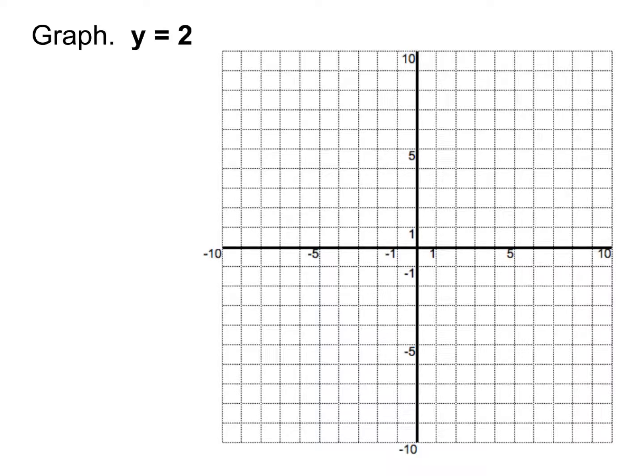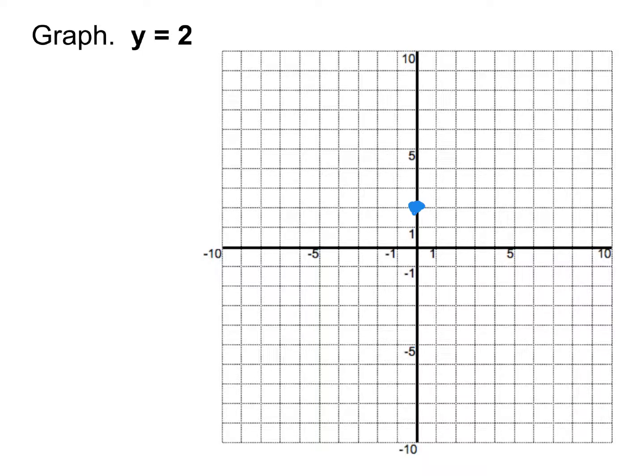Now, generally speaking, almost everybody will have just put a point on the y-axis up at 2. Okay, that's fine. Now we need another point, because we need to know which way this line is going. We need another point where the y-coordinate is 2. But notice the x-coordinate can be anything.